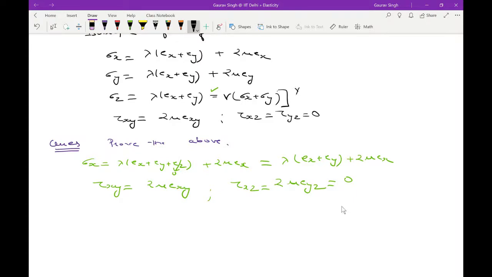This means, I'm putting a star, if sigma x and sigma y are determined, then sigma z can be found. So you find the first two normal stress components, and along the thickness, you will be able to find sigma z.